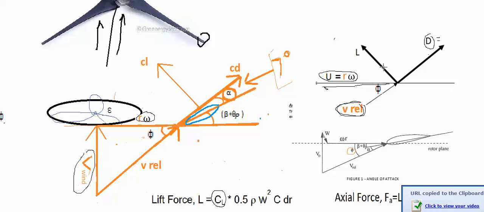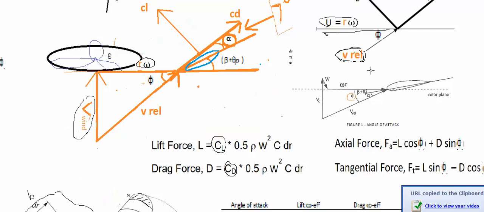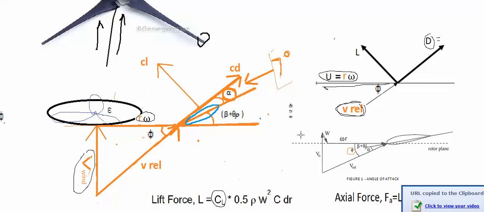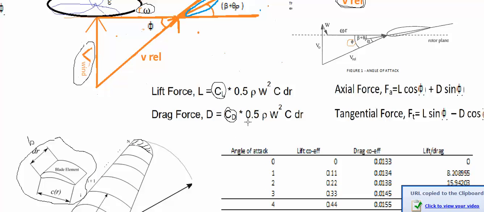Now imagine, as we discussed earlier, the lift force would be in this direction, perpendicular to the velocity of the wind, which is the relative velocity in our case. So this lift force is half times the density, which is the density of the fluid, times the velocity squared.